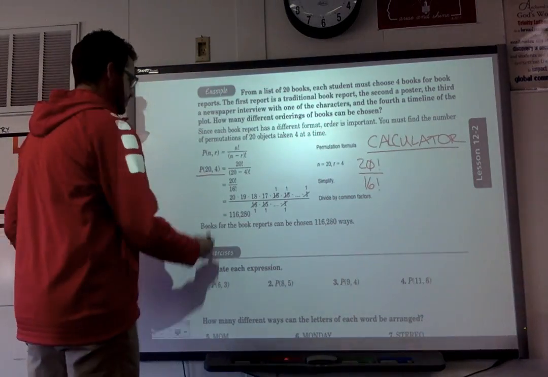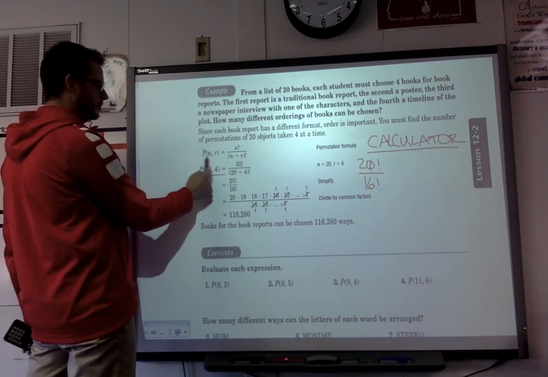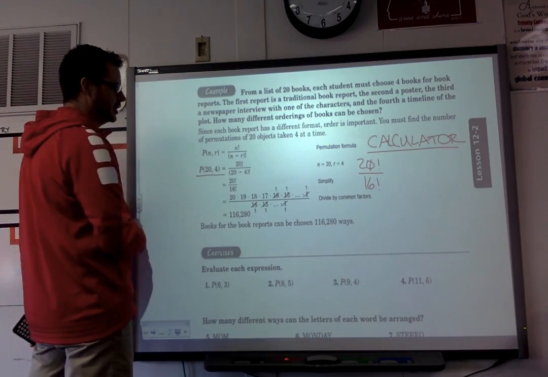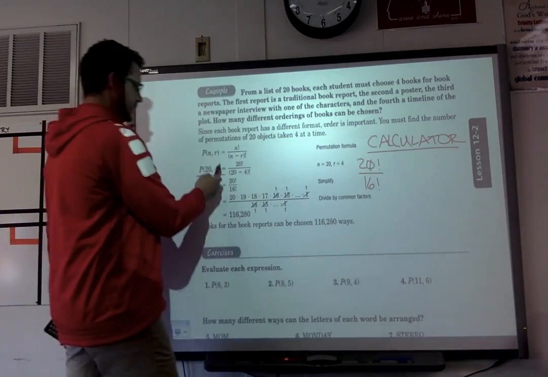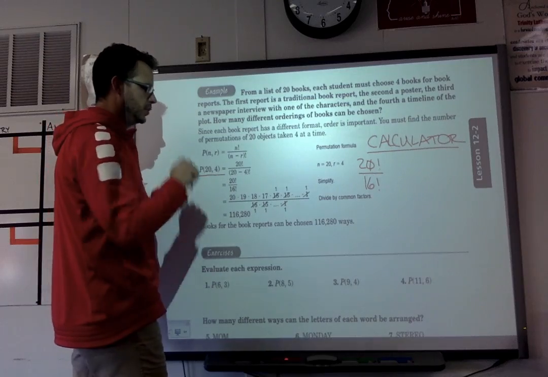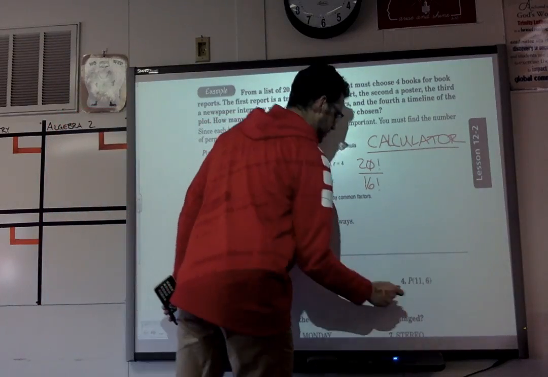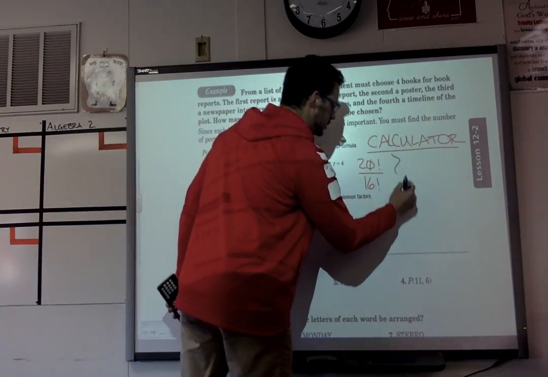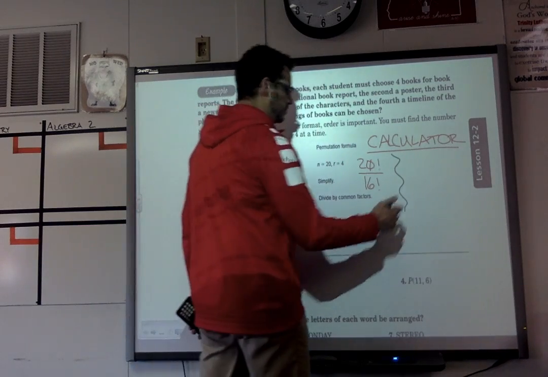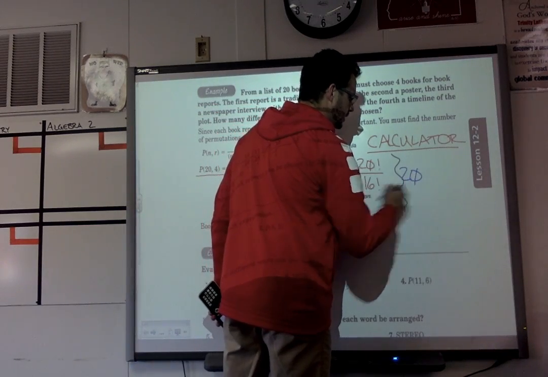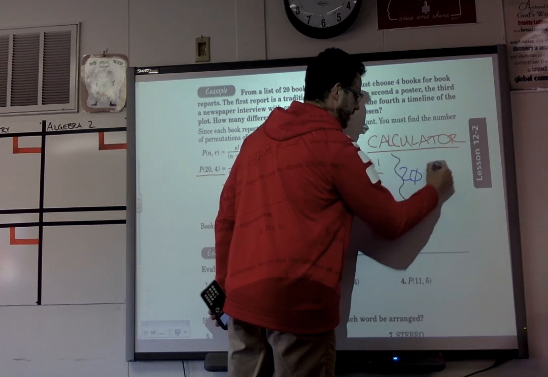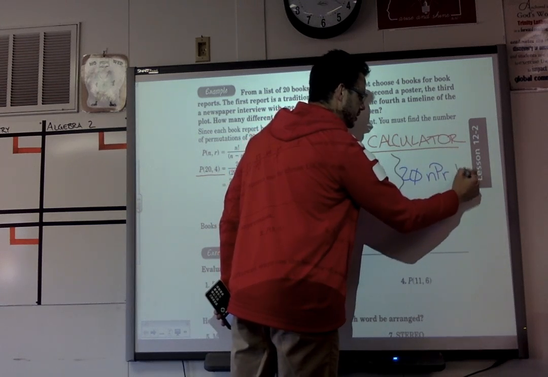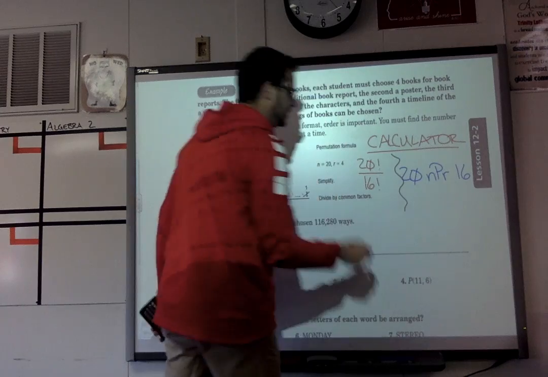So what that is when we have the permutation of n comma r, n is 20, r is 4. The other way we can do this on our calculator is if we put in 20, then press that nPr button, and then put in 16.